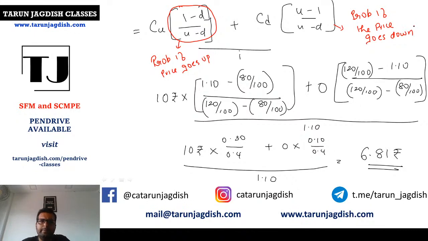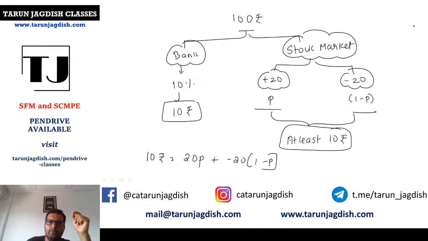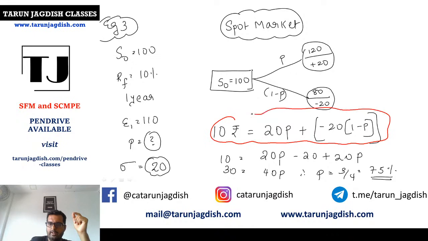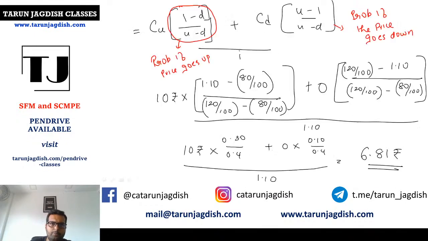So basically I minus d divided by u minus d is the methodology used here to find out probability. Under risk neutral model, what we were doing was we were creating equations. Like we made equation over here. This gave us 75%. Here I don't have to do this. I just have to put this and I will get the answer as 75%. Are you getting my point?